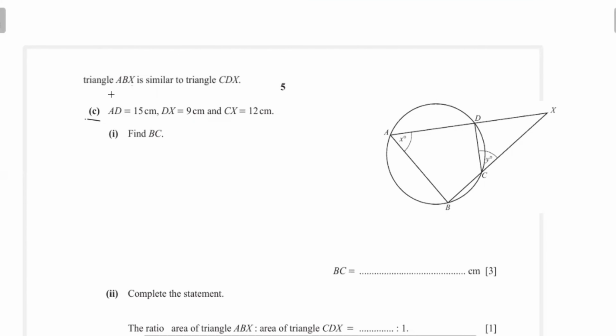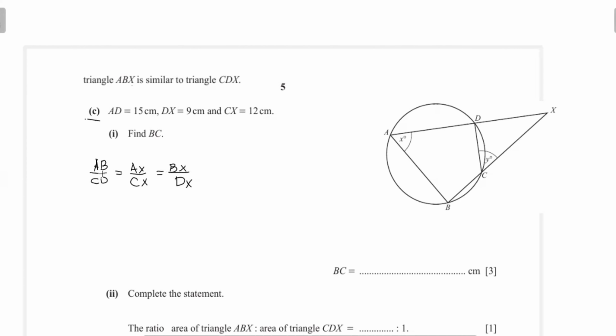Part C: AD equals 15 cm, DX equals 9 cm, and CX equals 12 centimeters. Find BC. You know triangle ABX is similar to triangle CDX. Therefore, we can write AB over CD will be equal to AX over CX equal to BX over DX.